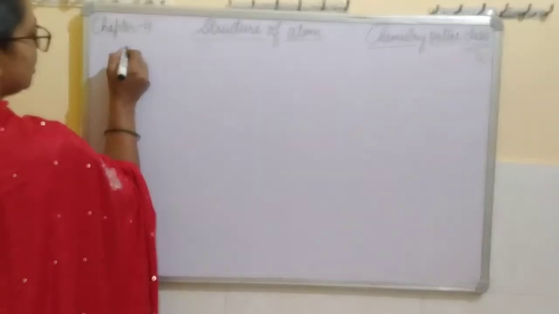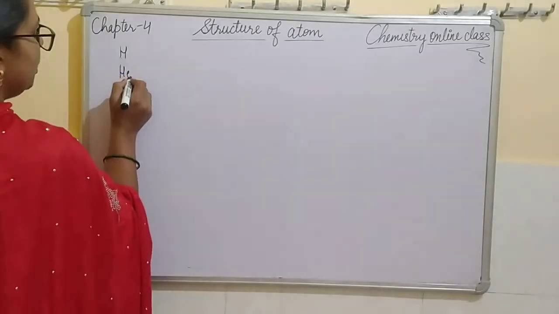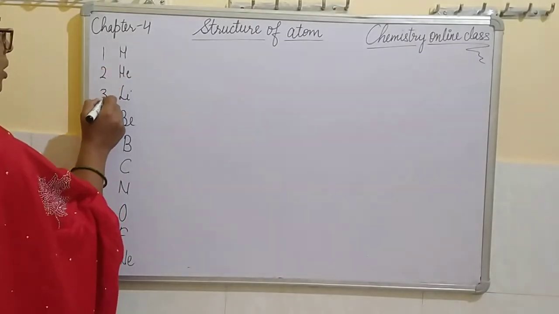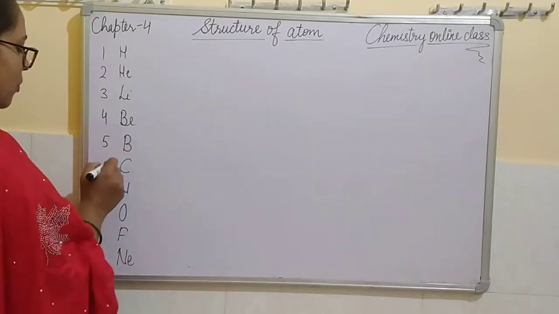The first element is hydrogen, helium, lithium, beryllium, boron, carbon, nitrogen, oxygen, fluorine and neon. These are the first 10 elements. I write all in serial number like this.